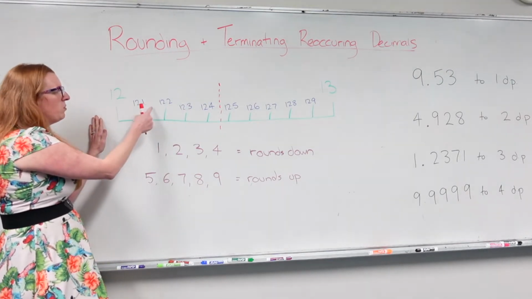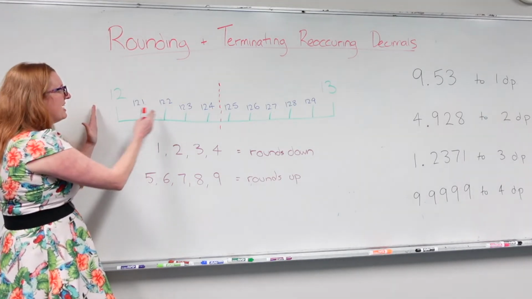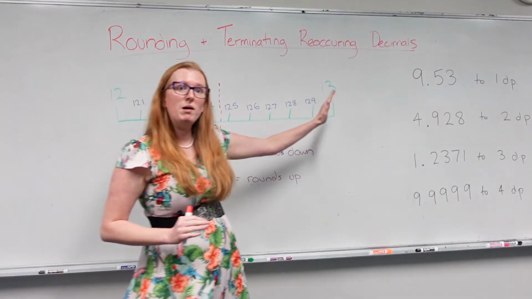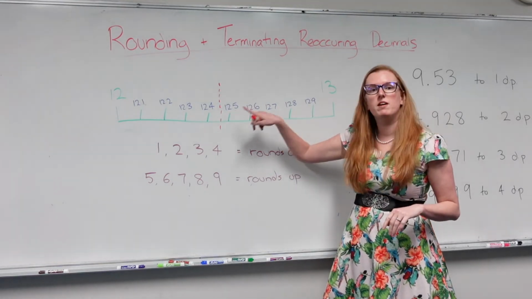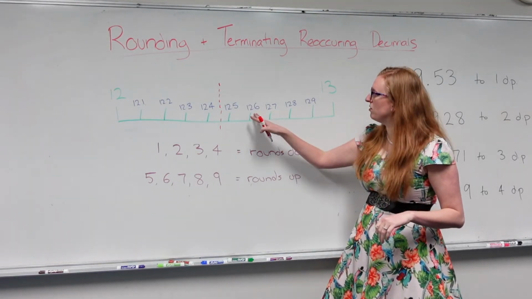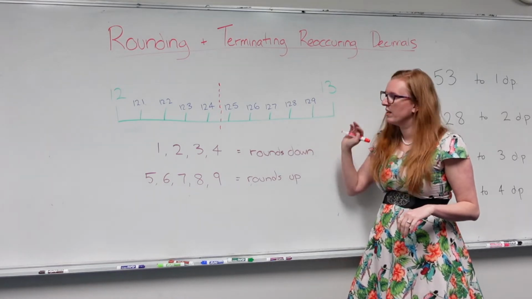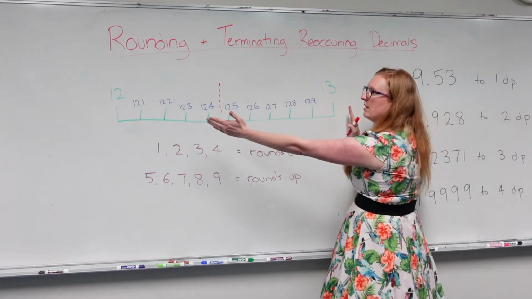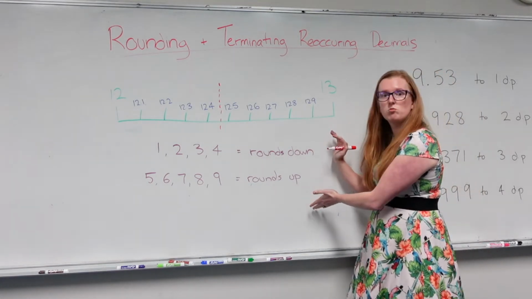So if it's 0.1 or 0.2 or 0.3 or 0.4, it's going to round down to the nearest whole number. Whereas if it's a 5 or above, it's going to round up. So 12.5 would round up to 13, same as 12.6, 12.7, 12.8, and 12.9. It all rounds up. Whether we're rounding to the nearest whole number or to a certain number of decimal places, this is the rule.